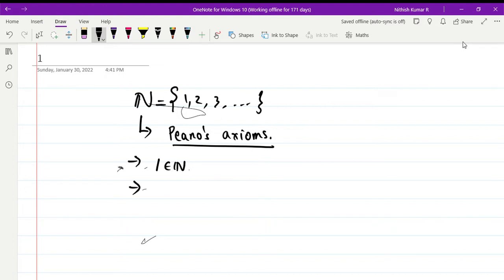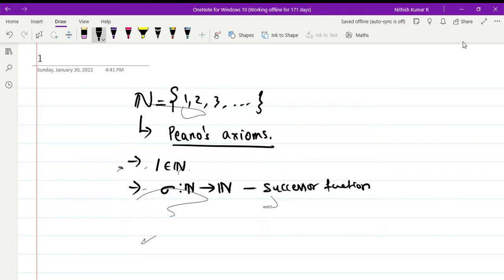And the second one says there is a function sigma from the set of all natural numbers to the set of all natural numbers, called the successor function, which assigns to each n belongs to N an element sigma of n belongs to N, and we call it the successor of n.